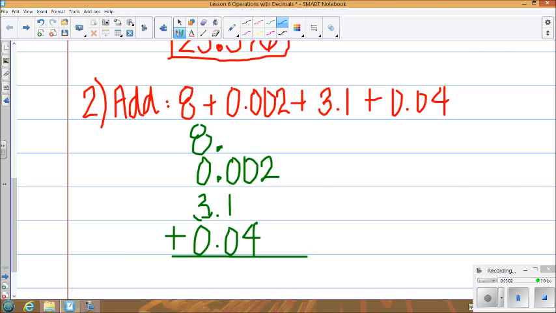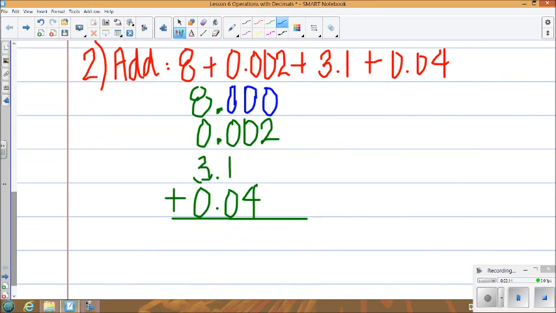So you can put filler zeros in there if it helps. So really this 8 has 3 zeros at the end, or as many zeros as you want. But I'm just going to write it with 3 since the number with the most decimal places has 3 decimal places. So I'm just going to make sure that all of these have 3 decimal places. So I'm just filling in the zeros. So now it's just adding vertically.